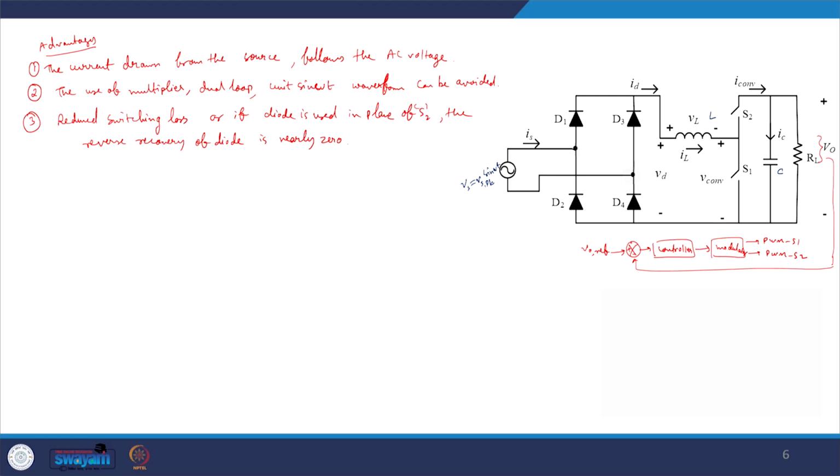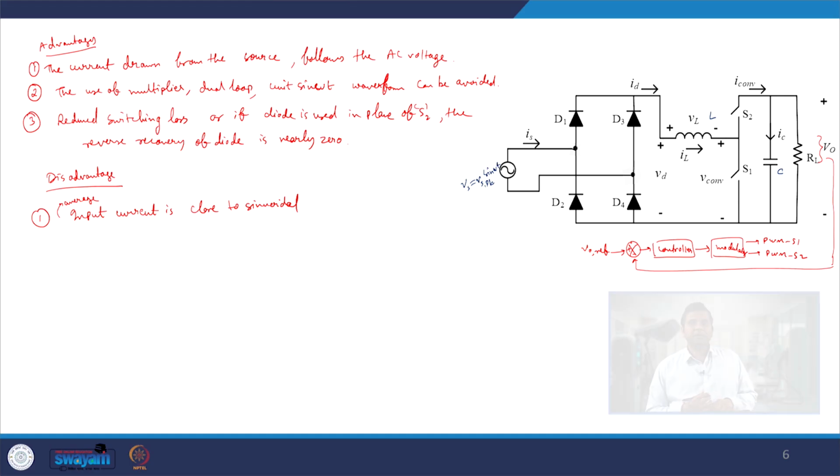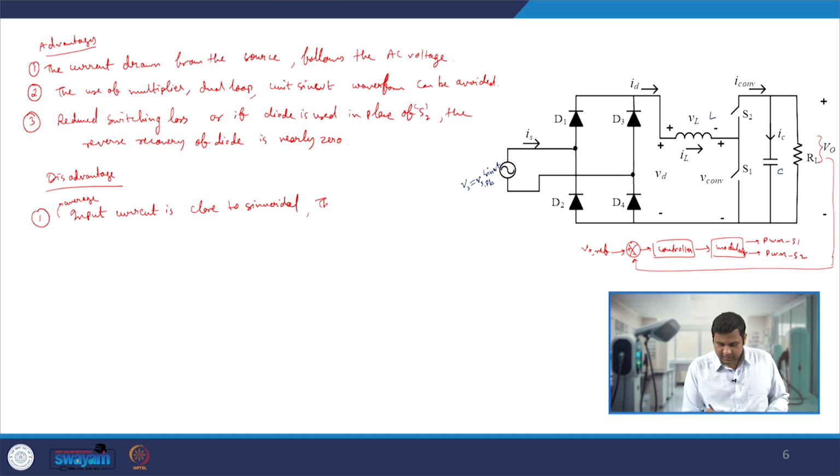Now the disadvantages of this topology are obviously in the input current: the switched average variation of current, or you can say the average input current, is close to sinusoidal and not actually sinusoidal. So you will see the THD is more in this.